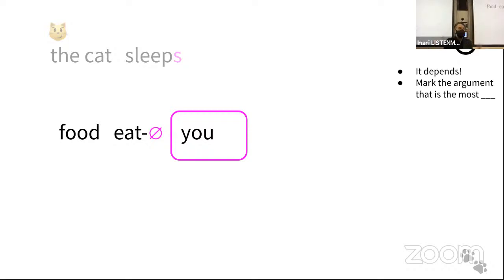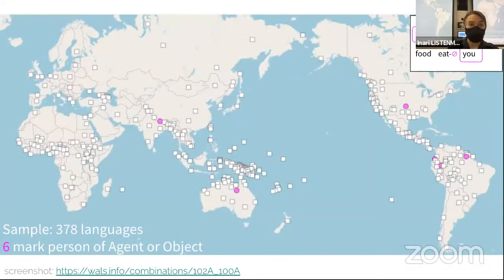We sometimes mark 1, sometimes mark the other, based on semantics. Yeah, if I give this presentation again, I'll probably name them 1A, 1B, 2A, 2B, and then 3. Makes sense. And there are 6 languages like this in the sample, and none of these in the RGL either.